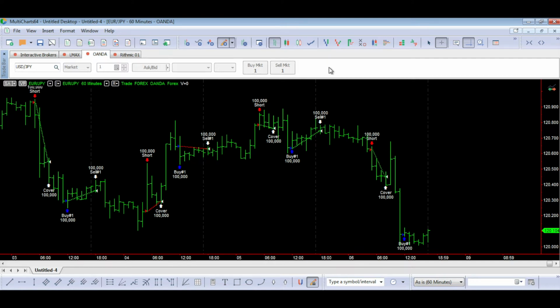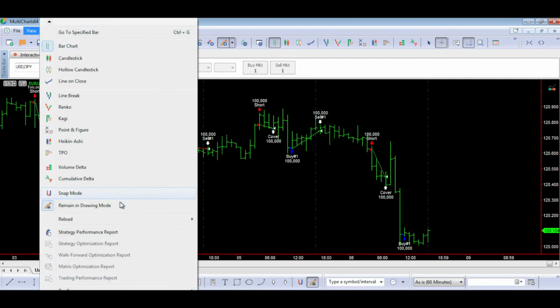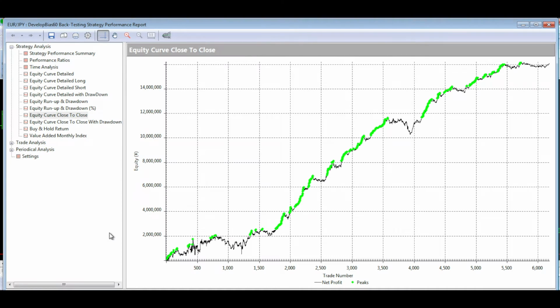So first of all, we'll look at the equity curve to see how this strategy may perform. And there's the equity curve. The little green dots mark new highs in your equity. So ideally, the more green, the better, because you're constantly making new highs, and less drawdown.